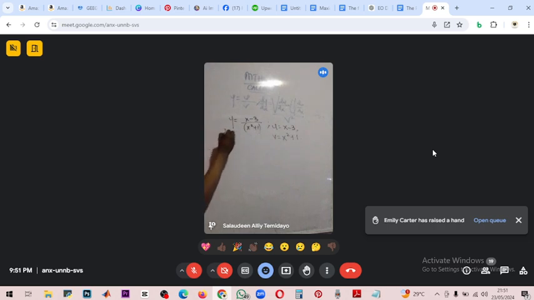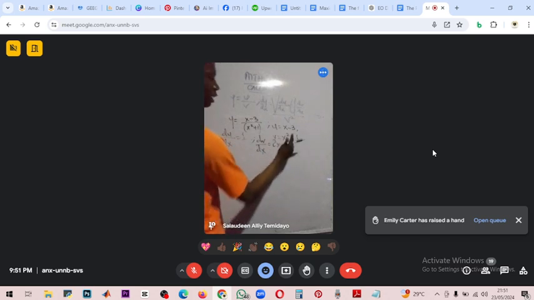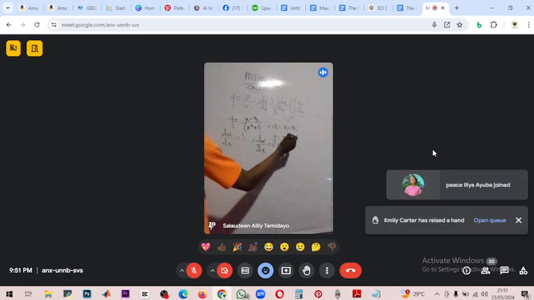Now, the du/dx is equal to 1 here, right? And the dv/dx is equal to 2x. That is x squared plus 1, so 2 times this, that is 2x raised to power 2 minus 1, that is 2x raised to power 1. And that is 2x.